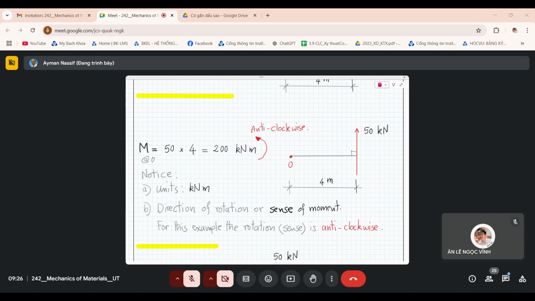So this is a sense. Have a look, please. Moment has got a value, a unit, and a sense or direction.